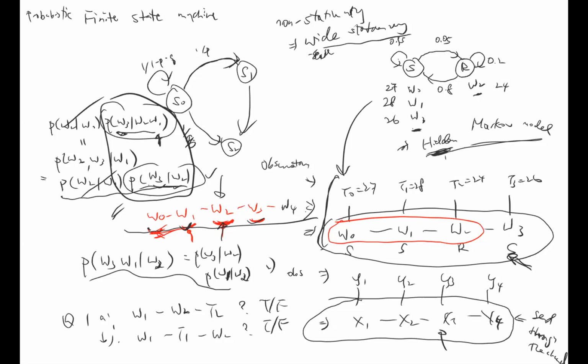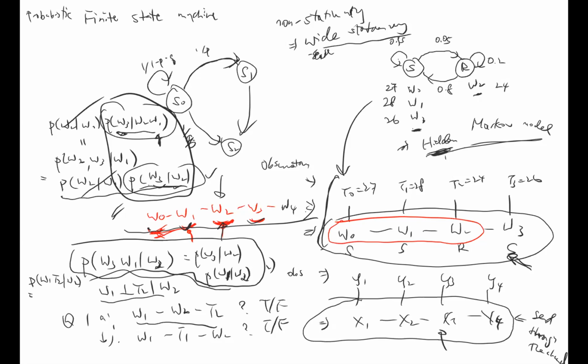When I say W1, W2, and T2 form a Markov chain, I'm saying that W1 and T2 are conditionally independent given W2. That is equivalent to saying P of W1, T2 given W2 is equal to P of W1 given W2 times P of T2 given W2.